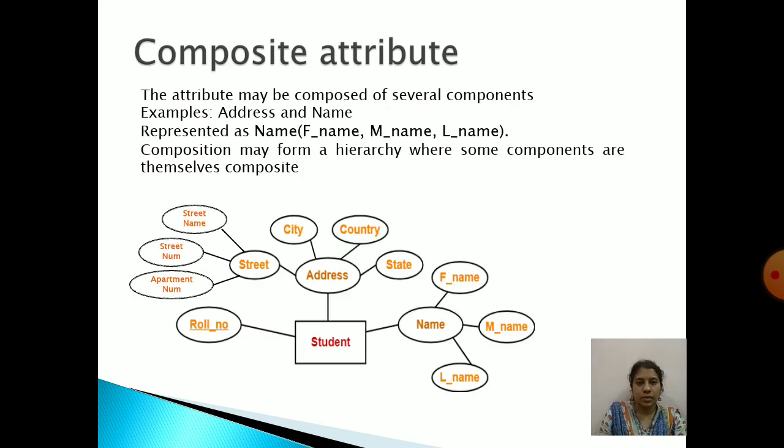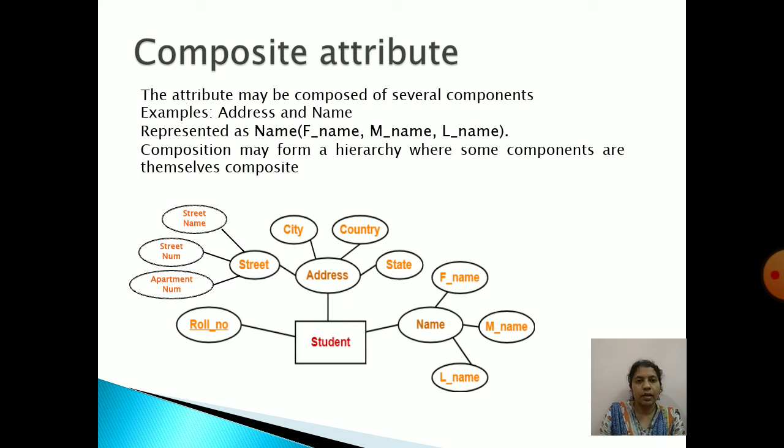Then comes composite. Now we can see the difference here. Here address is the attribute which has street, city, country, and state. So these are the components of address attribute. Okay, so the attribute may be composed of several components. Those attributes will be called as composite attribute. Now here in the composite attribute, you can have further components of these components.